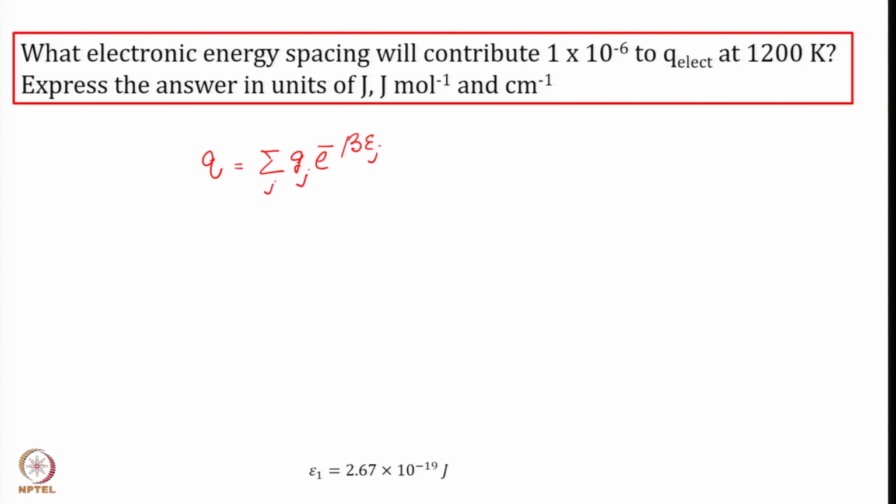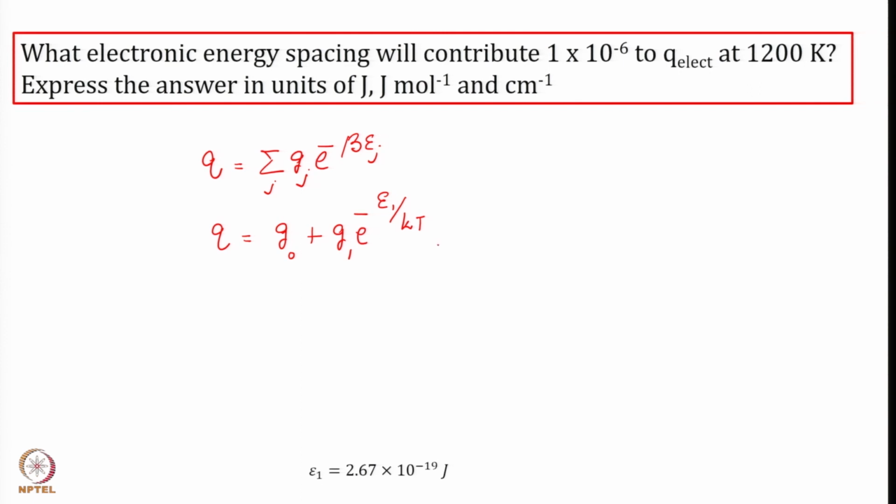So therefore, when I expand it, Q is equal to g0 plus g1 exponential minus E1 upon kT. Beta is 1 over kT.